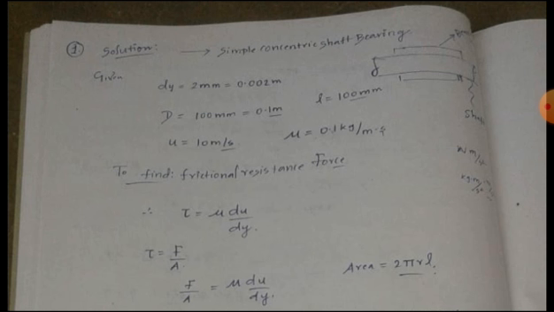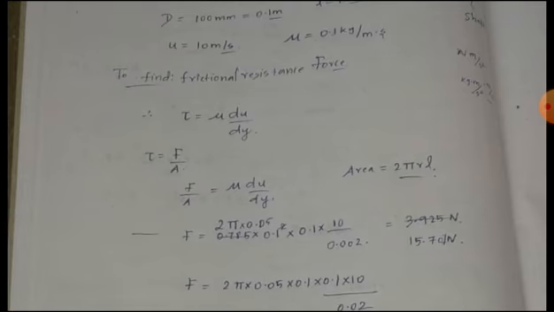We know the general formula, which was derived: tau is equal to mu du by dy. Tau is the shear stress, mu is the dynamic viscosity, du is the velocity, and dy is the thickness. We know that shear stress is equal to force per unit area.